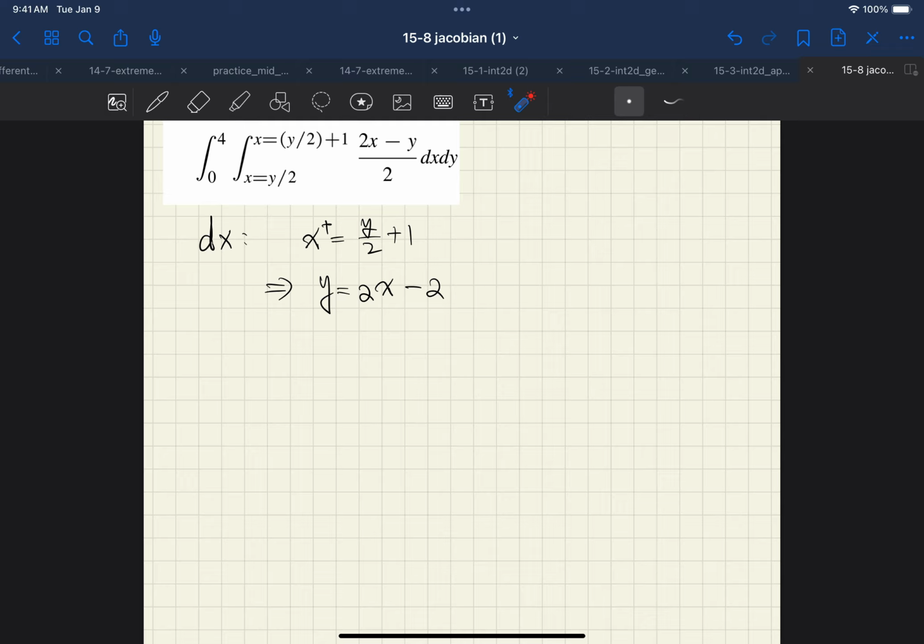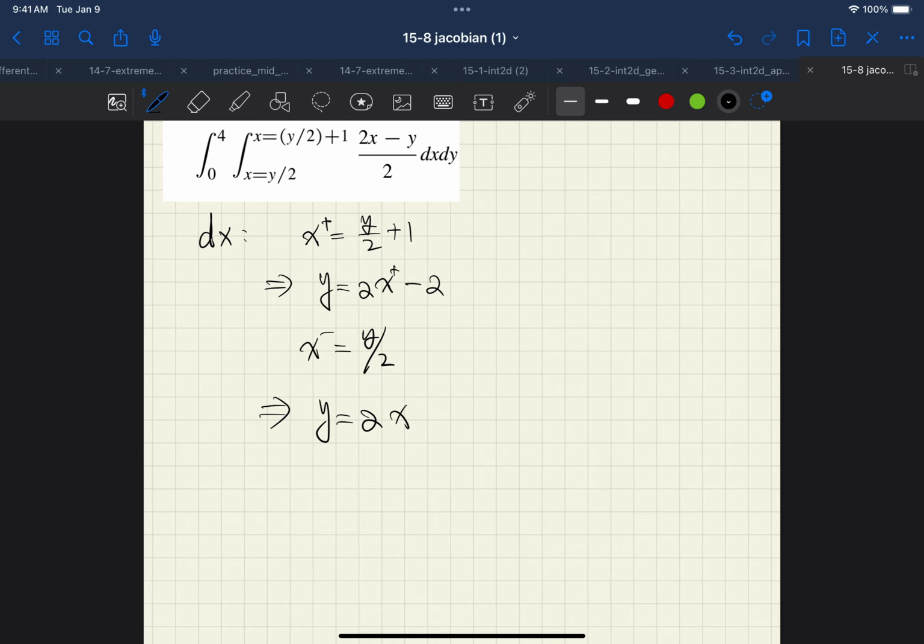In other words, the ending point of each horizontal line, which is dx, lies on this curve. And for the lower limit, it's just y over 2, so that means y equals 2x. This is for the lower limit, and this is for the upper limit.